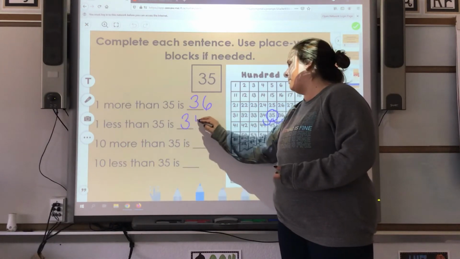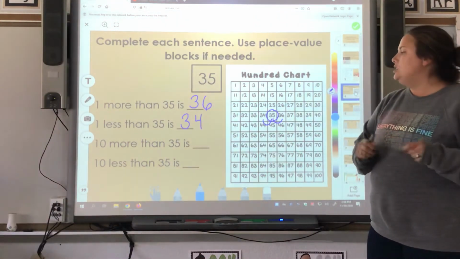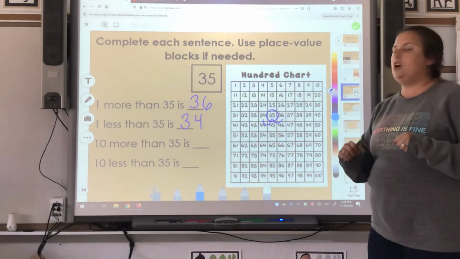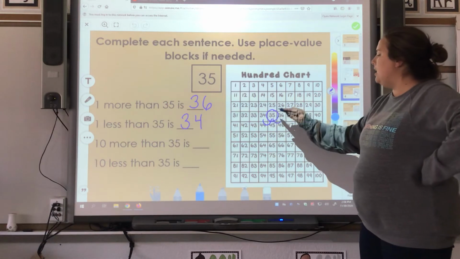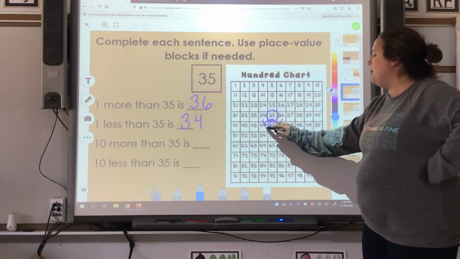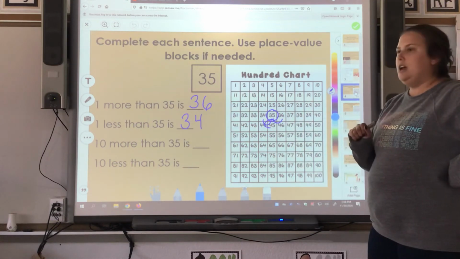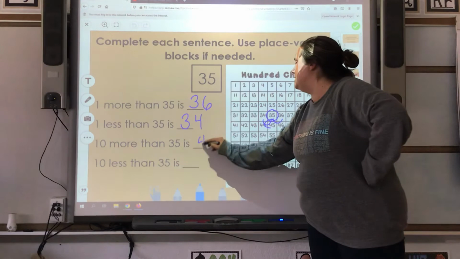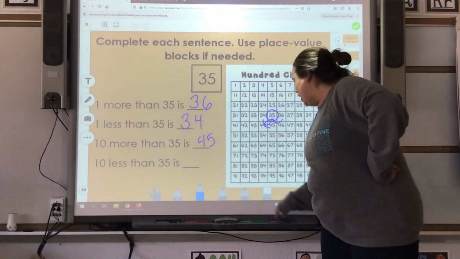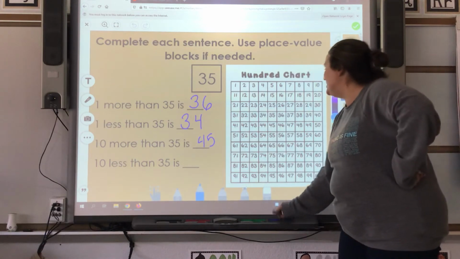34. Well, here's where it might get a little tricky. So we need 10 more than 35. So here's our number, guys. If you need 10 more, you can hop down 1 row right here, and you'll see 45. Because, guys, each row is equal to 10.